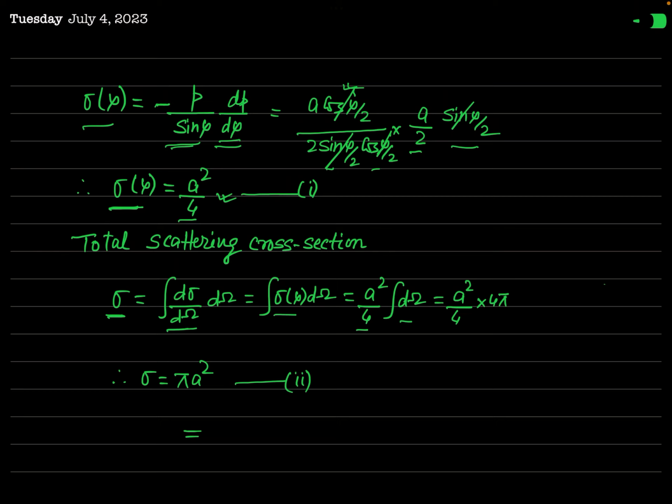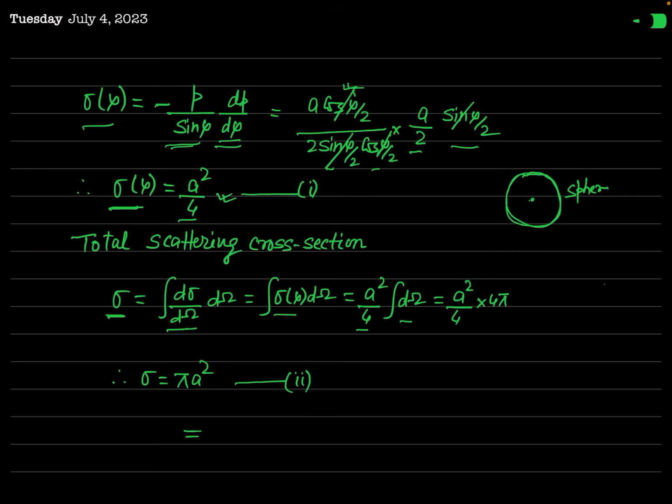What is this integral of d omega? This is actually the total solid angle subtended by this sphere at its center. Here, its center is the scattering center. And you know, the total solid angle made by any closed surface, not only a sphere, any closed surface, at any interior point is equal to what?